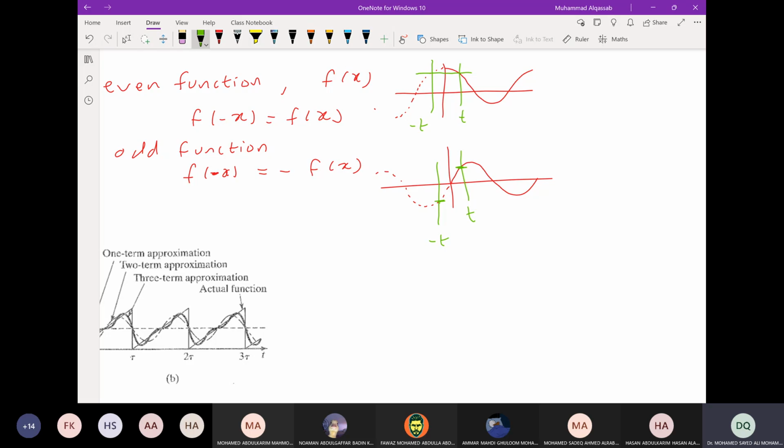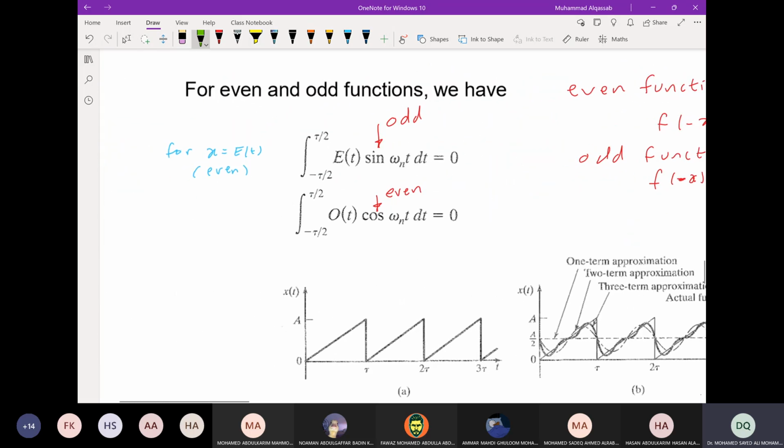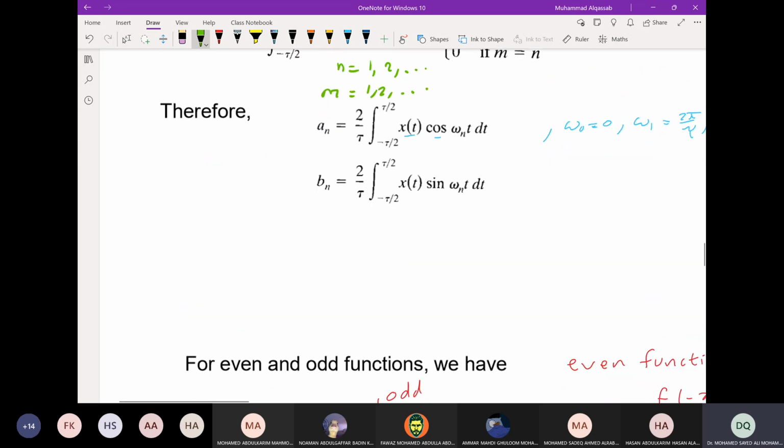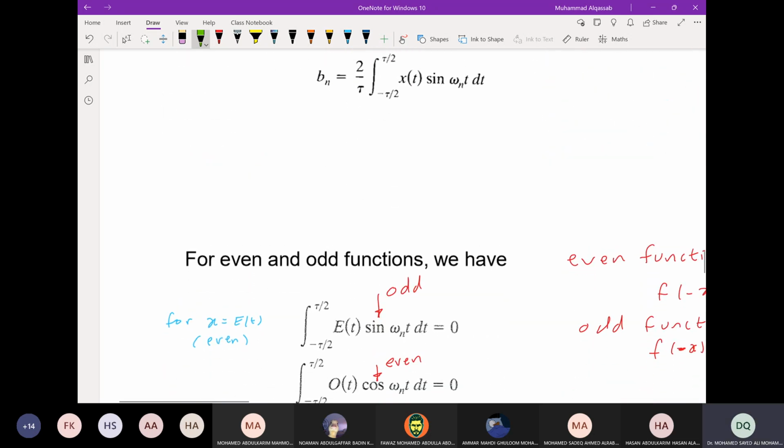This is called odd. So if x is even, then x multiplied by sine omega n t, and their integration is 0, which is equal to Bn, so Bn is 0.